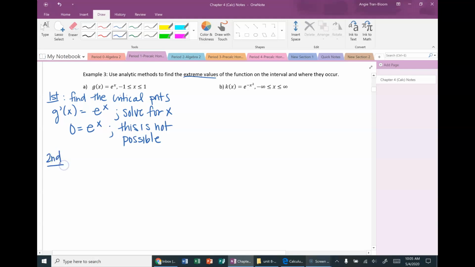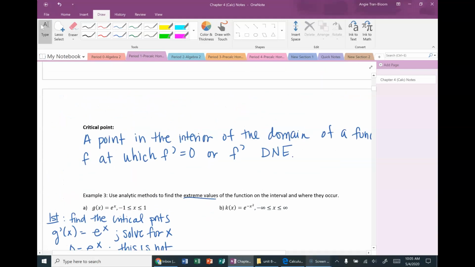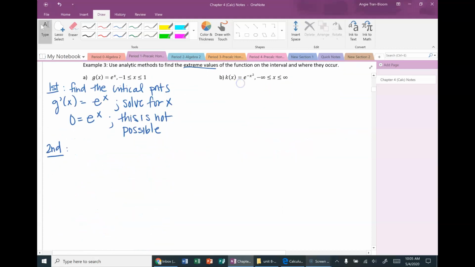step number 2, we want to remember the extreme values, we're looking for minimum or maximum. Based on the definition, it's when the derivative is equal to 0, or by definition, the critical point when the derivative doesn't exist, and also the endpoints, right?